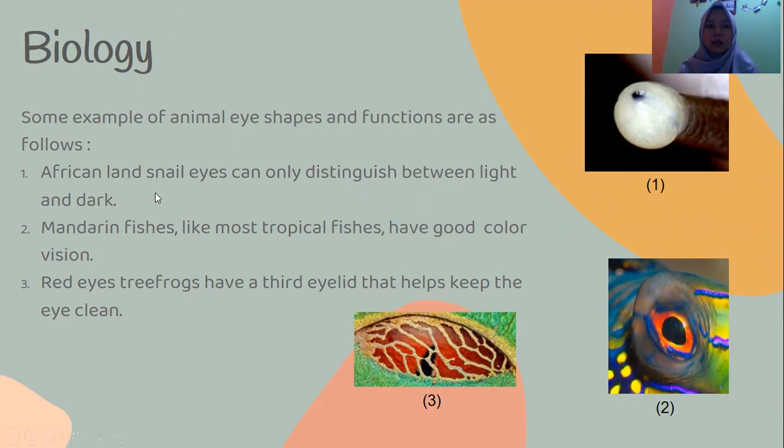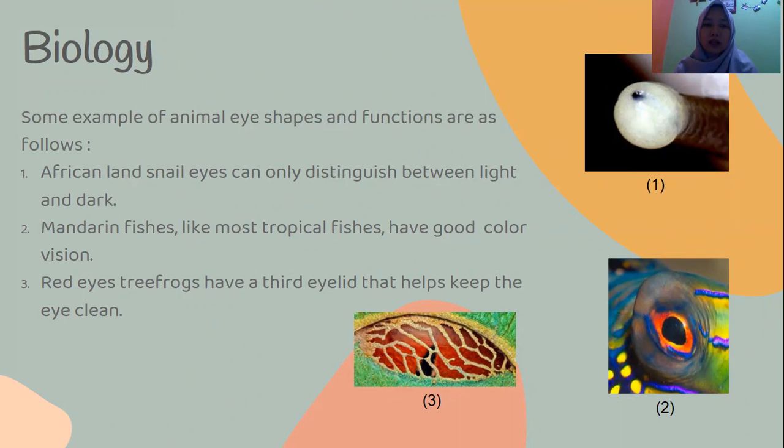Here, some examples of animal eye shapes and functions are as follows. The first is the African land snail. Its eyes can only distinguish between light and dark. This is the picture of number 1. The second is the mandarin fish.